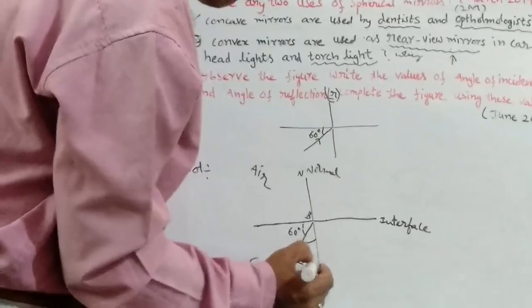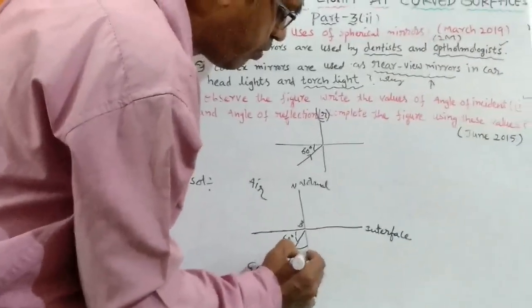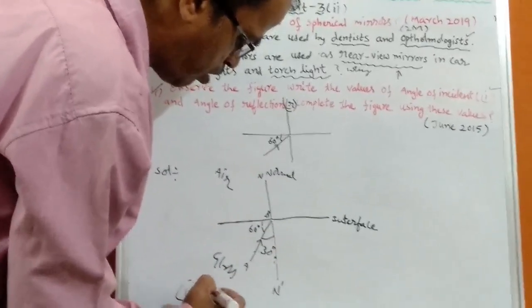So the angle of incidence is 30 degrees: angle I equals 30 degrees.